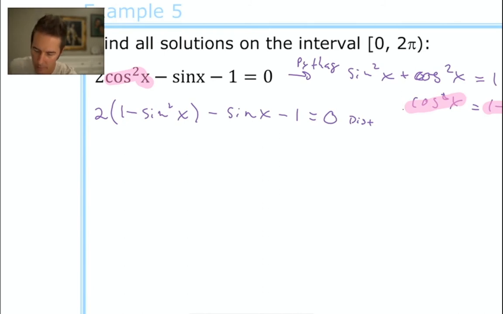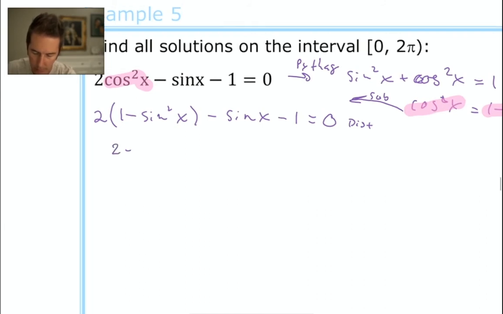You could have a little arrow back in here that says substitute or sub. Put as many notes in as you would like to articulate the process that we've gone through in this problem. So now we're distributing. Oh yeah. All right, so that's 2 minus 2 sine squared x minus the sine x that was already there minus the 1 equals the 0.